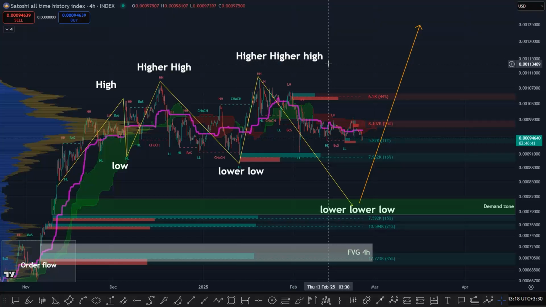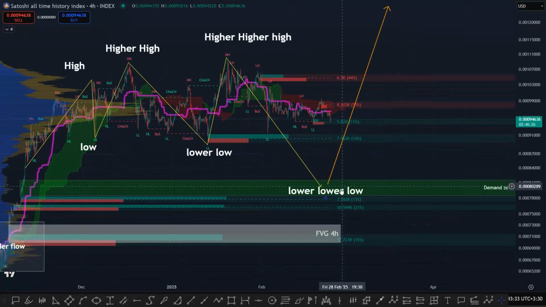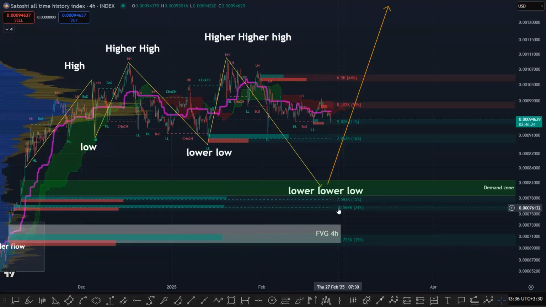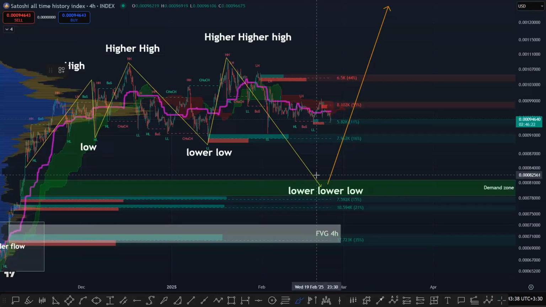So it will be reasonable to complete this structure, which is just hunting the liquidity from highs and lows and form another lower low. And in this level we have two possibilities.